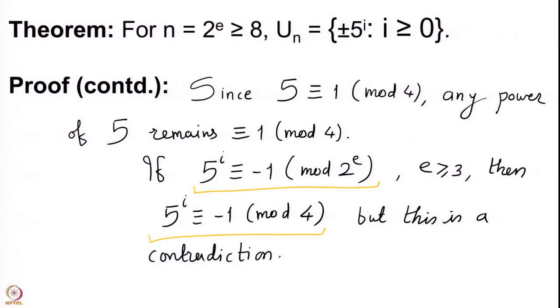The second thing proved by this is that 5 cannot be a primitive element, because if the order of 5 was 2 power e minus 1, then its powers would give you all the elements in U 2 power e. In particular, it would give you minus 1 as well, but that is not possible.